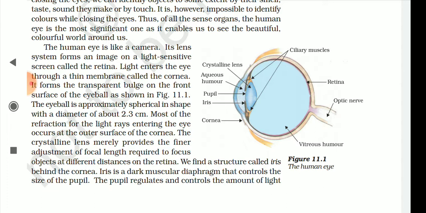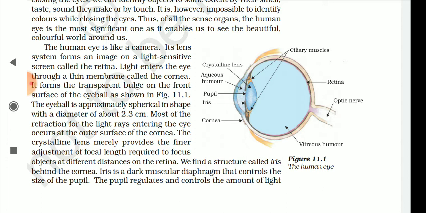As I told you, our eyes converge and diverge according to the objects we are seeing nearby. So what is the organ which functions like this to control the size of the pupil? Iris is a dark muscular diaphragm that controls the size of the pupil.